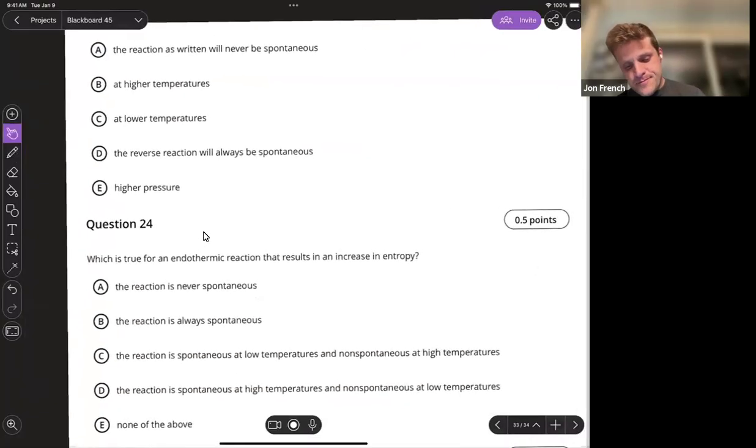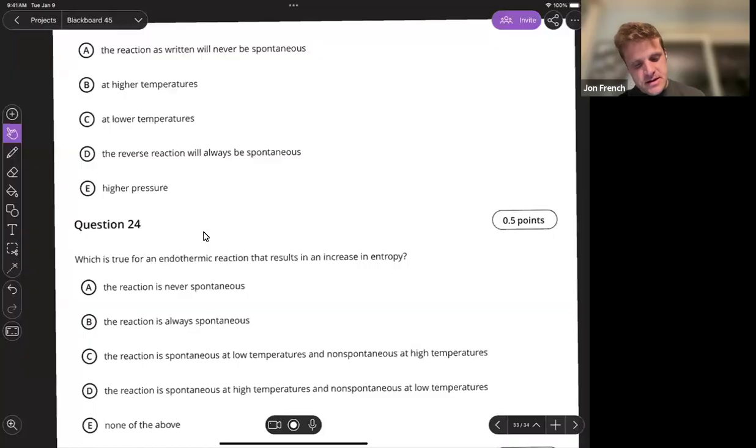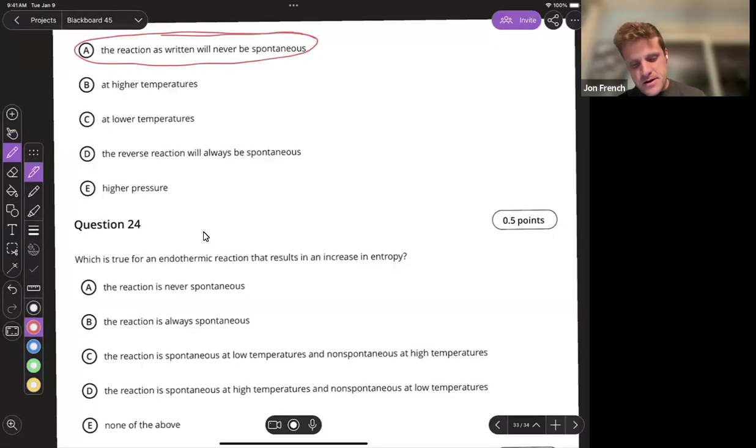So number one, the reaction as is never going to be spontaneous because we calculated a positive delta G. So it doesn't matter the temperature. Temperature is not going to make it spontaneous, low or high. Pressure doesn't even show up in our equation.